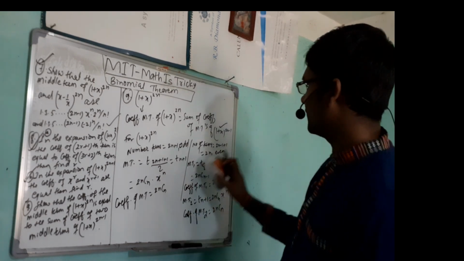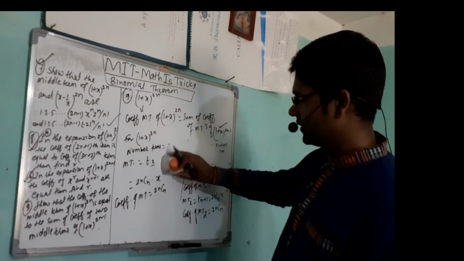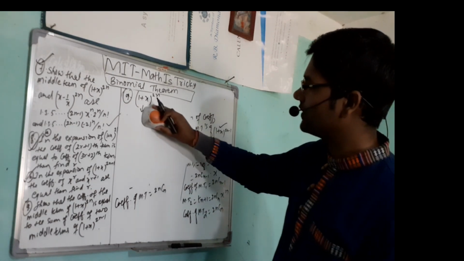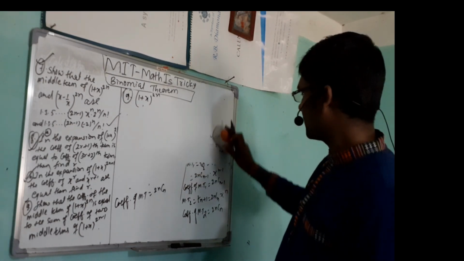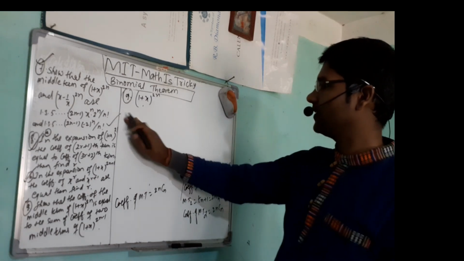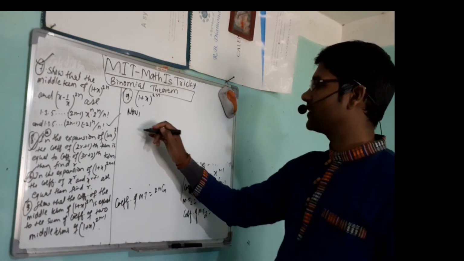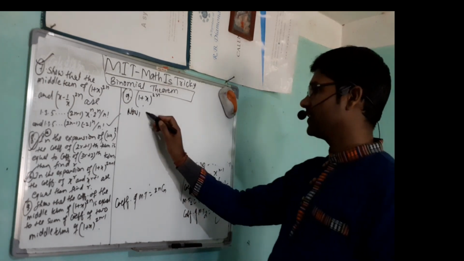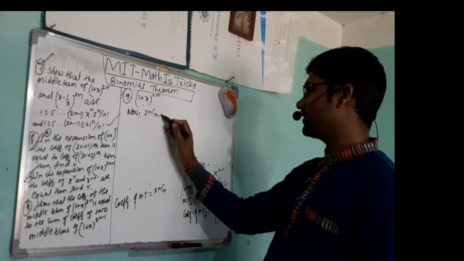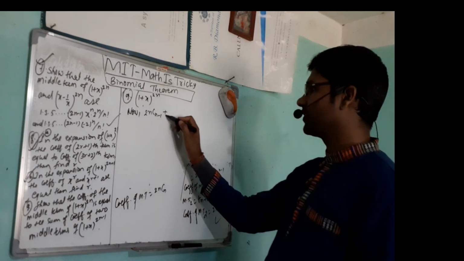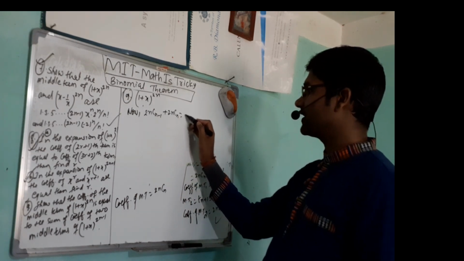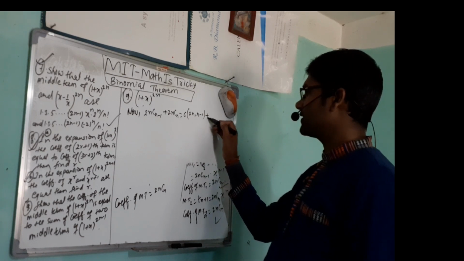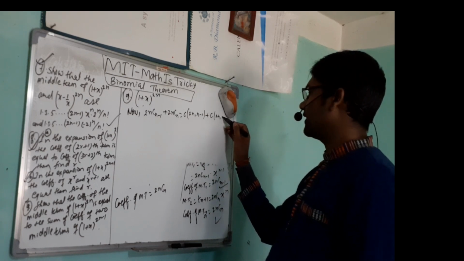Now let's see what we have to prove. Let me write this and explain it. Now look here, the sum of these coefficients: (2n-1) C (n-1) plus (2n-1) C n.